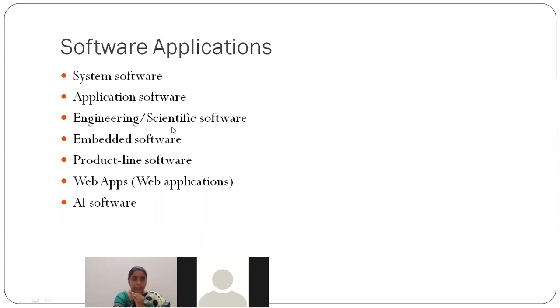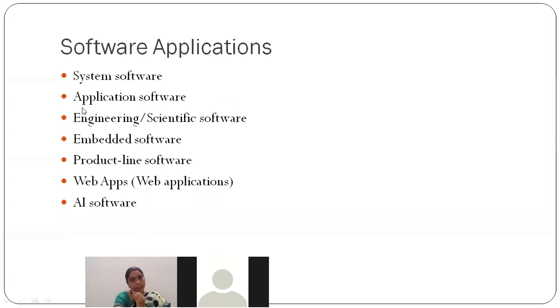Next one is engineering and scientific software. Software that is particularly used for the engineering field and software that is used for the scientific field. Software useful for civil engineers, like CAD CAM, and software useful for computer science people are different. And mechanical is different, electrical is different. Electrical people will be using MATLAB, all these kinds of things.